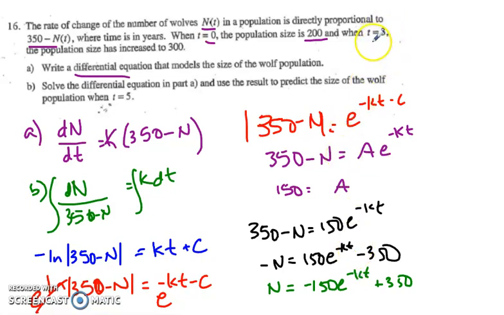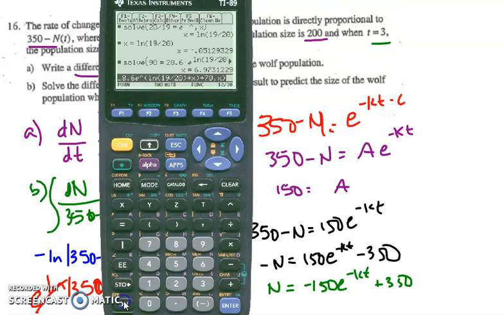It says here when time equals 3, I now have 300 wolves. So I'm going to go into my calculator and solve for the equation when I have 300 wolves. That's my n right here.